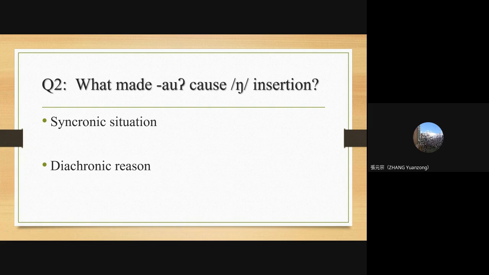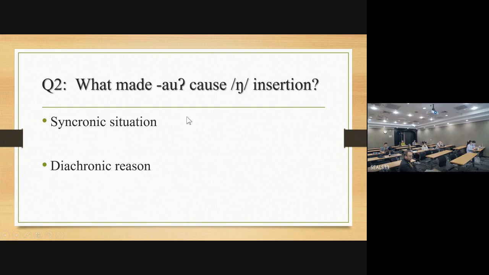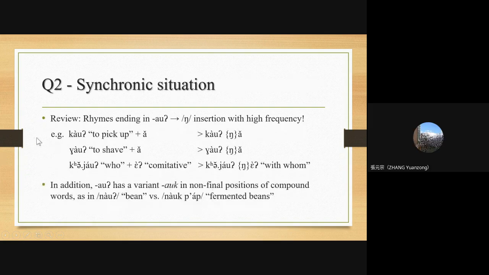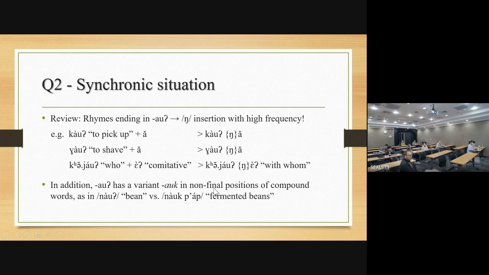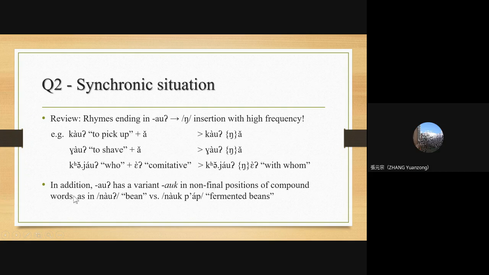So let's now move to the second one: what made owl cause a nga insertion, which is unique among the rhymes ending in a. First, about the synchronic situation. Only owl causes a nga insertion with high frequency. In addition, owl has a variant auk in non-final positions in compound words, as in the word for bean, and when it is alone, it is owl.